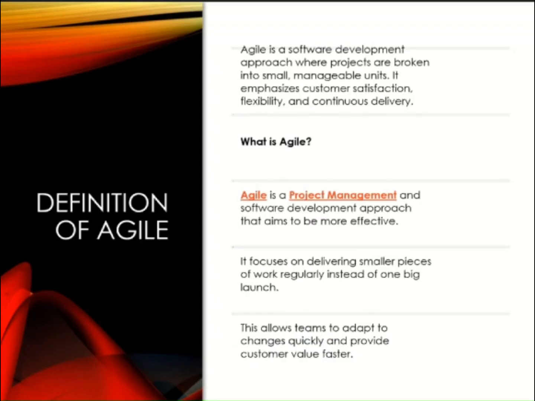Agile is a way of working where teams work collaboratively, deliver small parts of a project step by step, take regular feedback and adapt quickly to changes. It focuses on continuous improvement and customer satisfaction. What is agile methodology?